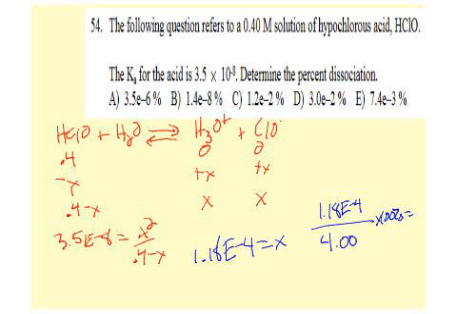That equals 1.18 E negative 4 divided by 4, 2.95 E negative 5. Come on, baby. Oh, what did I do wrong?